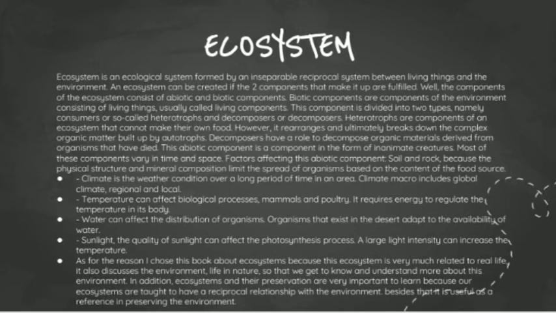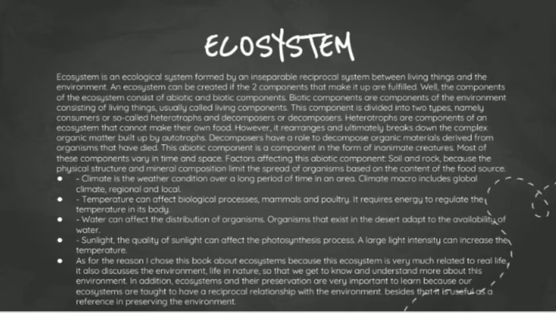Ecosystem is an ecological system formed by an inseparable reciprocal relationship between living things and the environment. An ecosystem can be created if the two components that make it up are fulfilled.